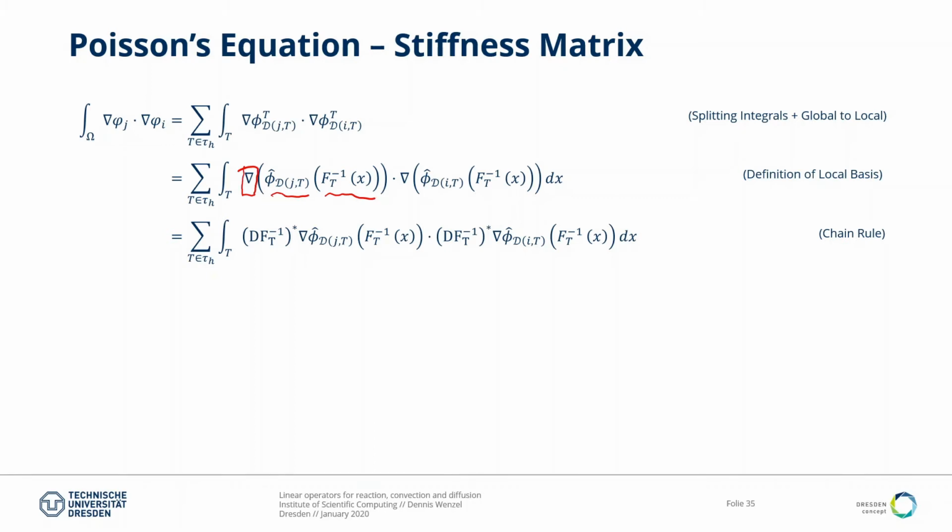That gives you firstly a derivative of the outer function. That's just your gradient of the reference basis function. But it also takes into account the derivative of the inner function ft inverse, and that's the Jacobian of ft inverse transpose. That's something we discussed when we talked about grids and reference maps.